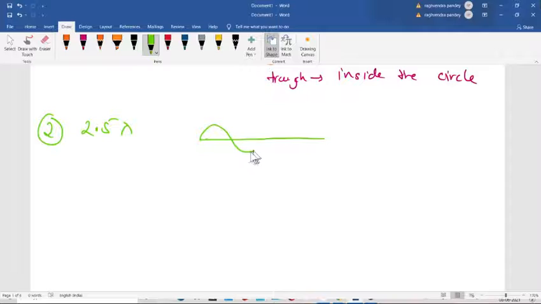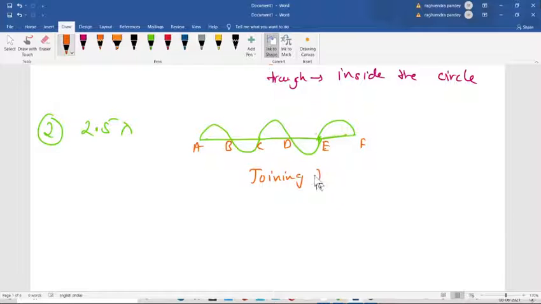So this is your 2.5 lambda. I am making points here, A, B, C, D, E. We are doing the same thing, joining A and F to make a circle.